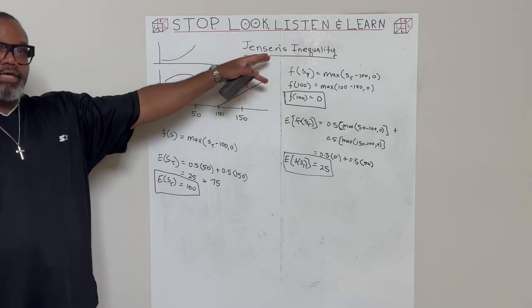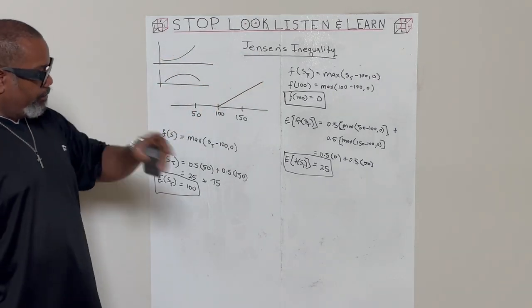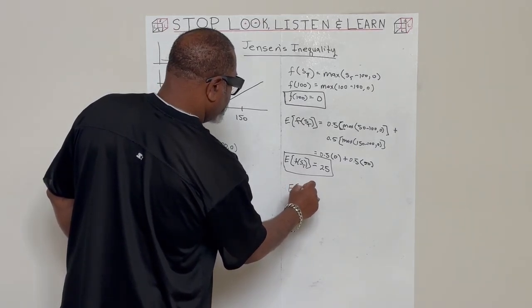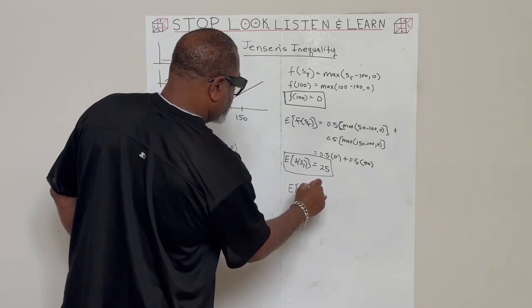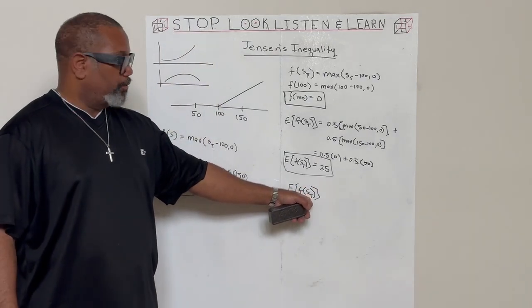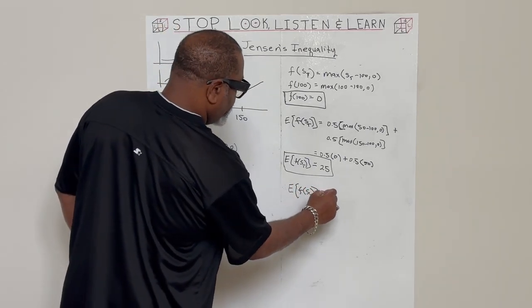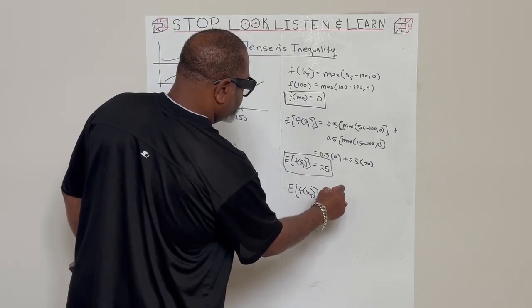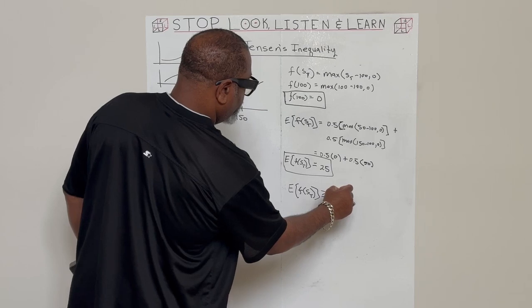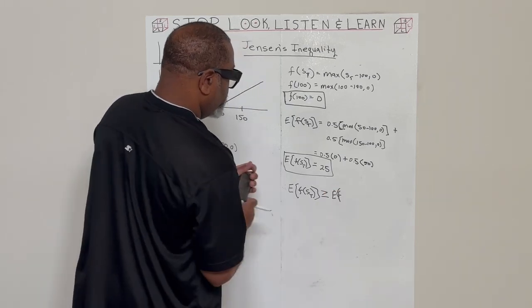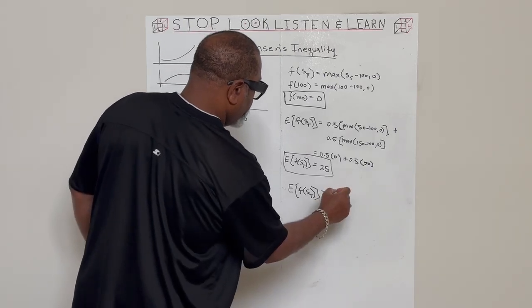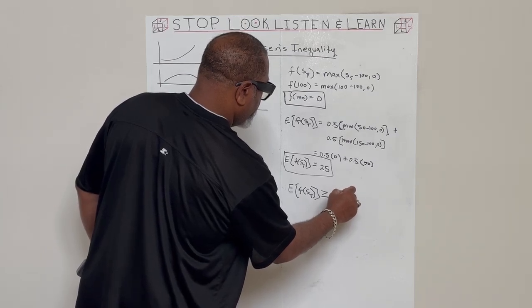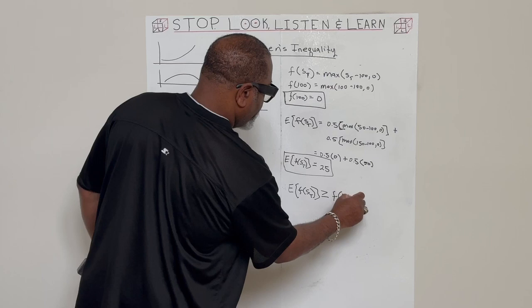So what Jensen's inequality says is that if you have a convex function, then the expected value of the function, based on all the values that the random variable can take, is going to be greater than or equal to the function evaluated at the expected value.